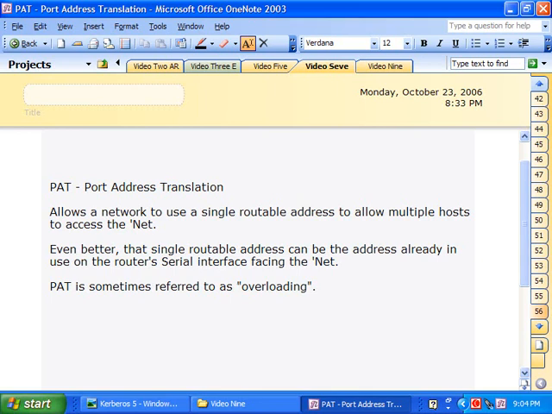But even better, that single routable address can be the address that's already in use on the router's serial interface facing the internet. So not only do you get to have multiple internal users go out to the net on a single IP address, you've also already got that IP address doing double duty, really. It's already in use as the IP address on a serial interface on the router.